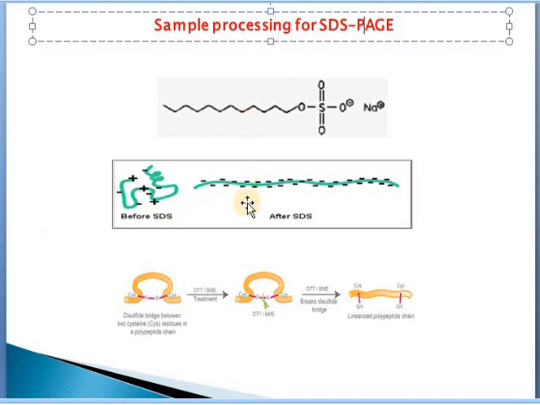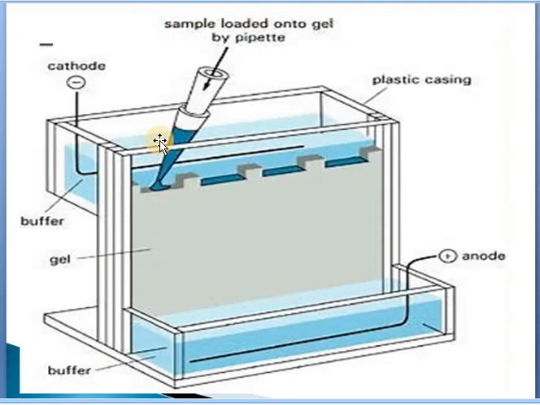Once the proteins are denatured, they will be placed into the sample loading well with the help of a tracking dye, bromophenol blue. That tracking dye will help us to find the reaching point. At the same time, we are going to load a molecular marker, a molecular ladder for proteins. Once the samples are loaded, applied electricity will start the movement of proteins.